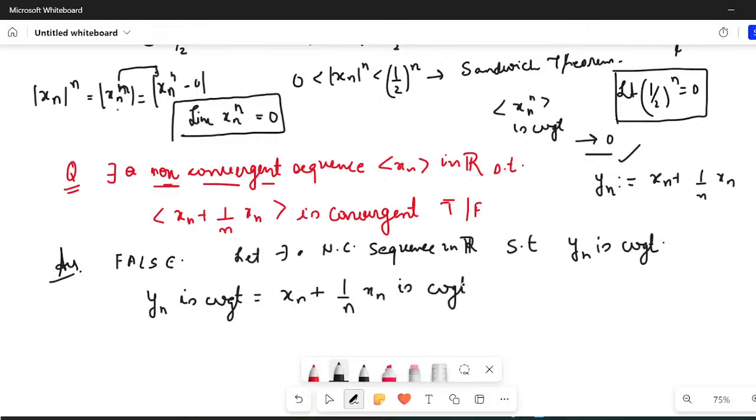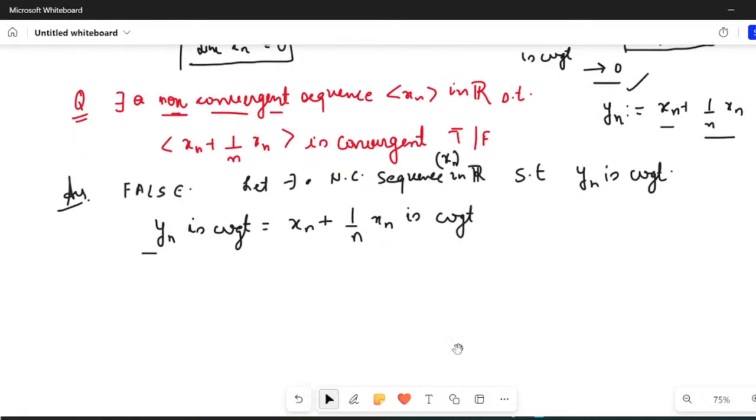Yn was equivalent to xn plus 1 upon n xn.